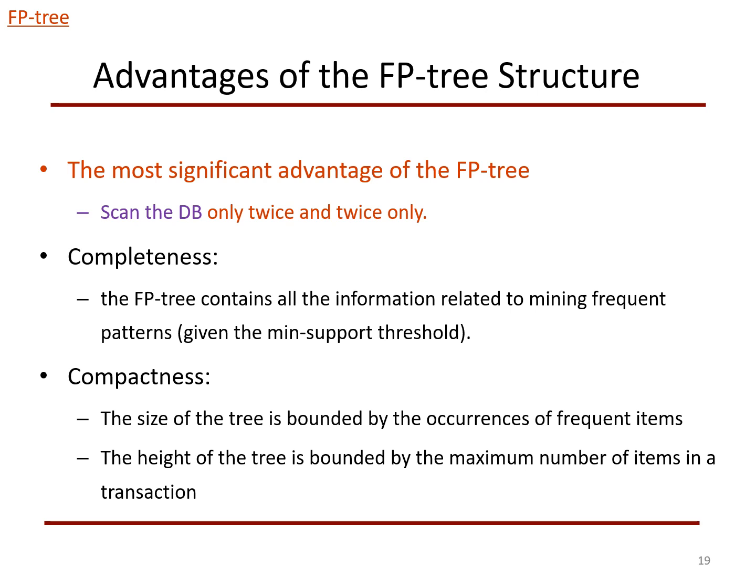Now, the most significant advantage of the FP tree is that we only scan the dataset, as I said, twice. Another advantage of the FP tree is that it is complete, meaning that all frequent patterns in the dataset are represented in the tree. A third advantage of the FP tree is its compactness, meaning that the size of the tree is bound by the occurrence of frequent items.